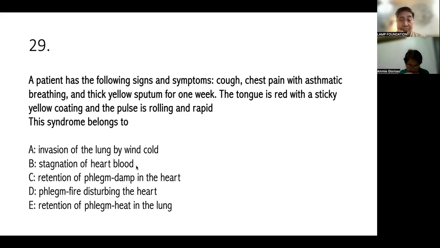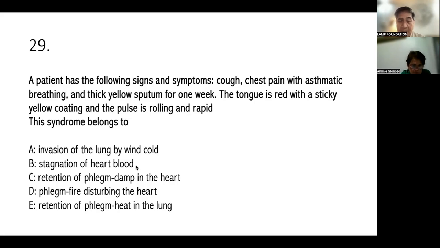These syndromes belong to letter E, retention of phlegm heat in the lungs. So what do you mean by rolling and rapid? Madulas na mabilis. So bakit hindi letter C ang sagot mo?